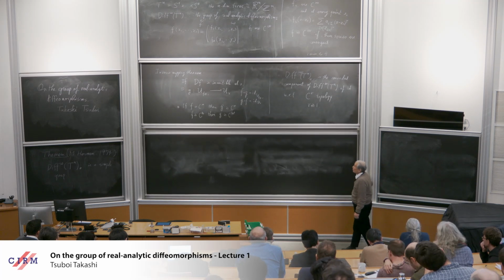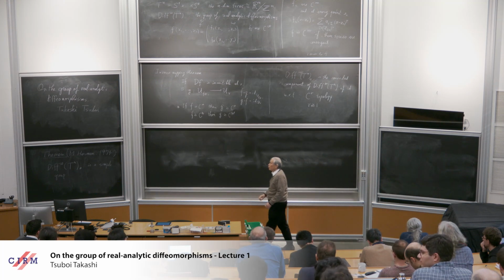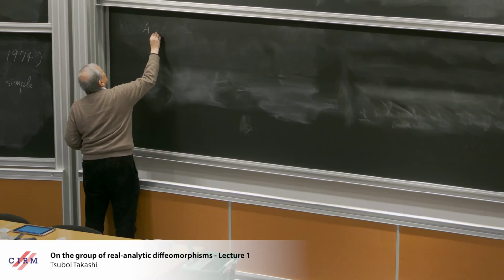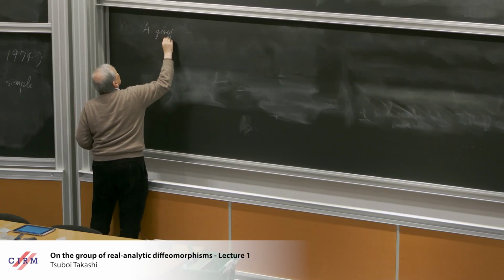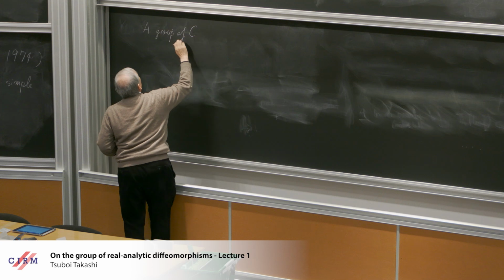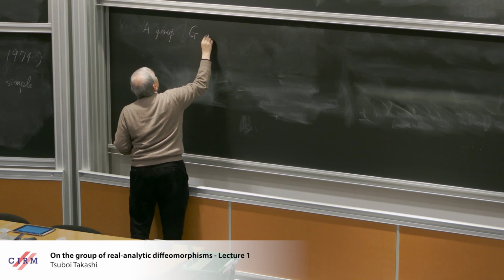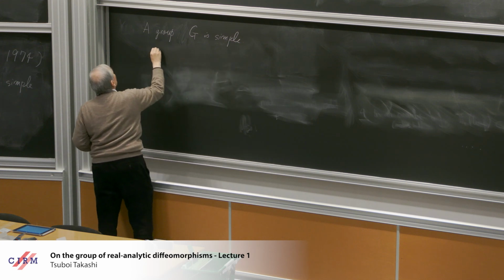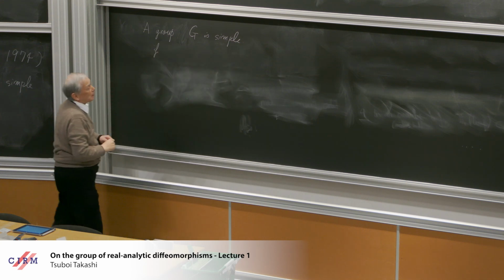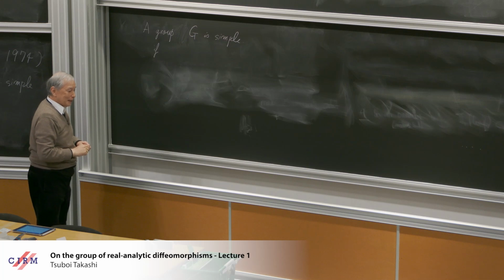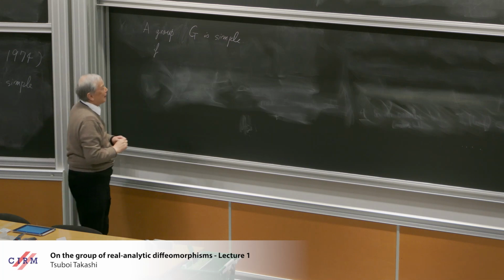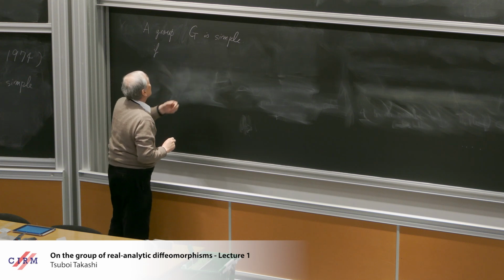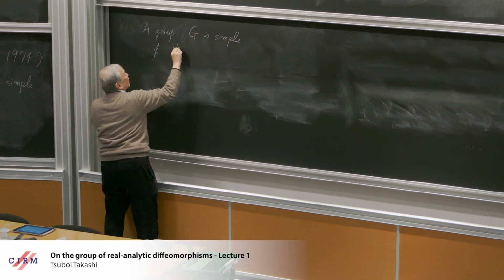And a group is simple. All of you know, I think. A group G is simple if there are no normal subgroups other than the trivial one and G itself.